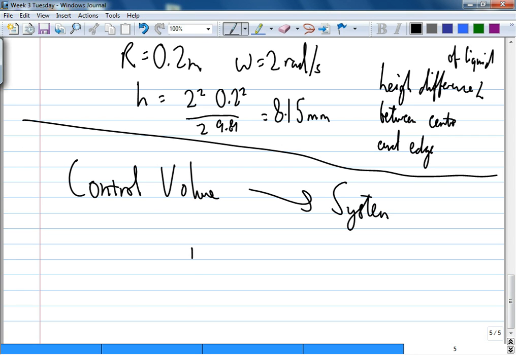So if this block is our system, it doesn't disappear, it doesn't suddenly grow, so mass is conserved in the system, isn't it? You all heard of conservation of mass.